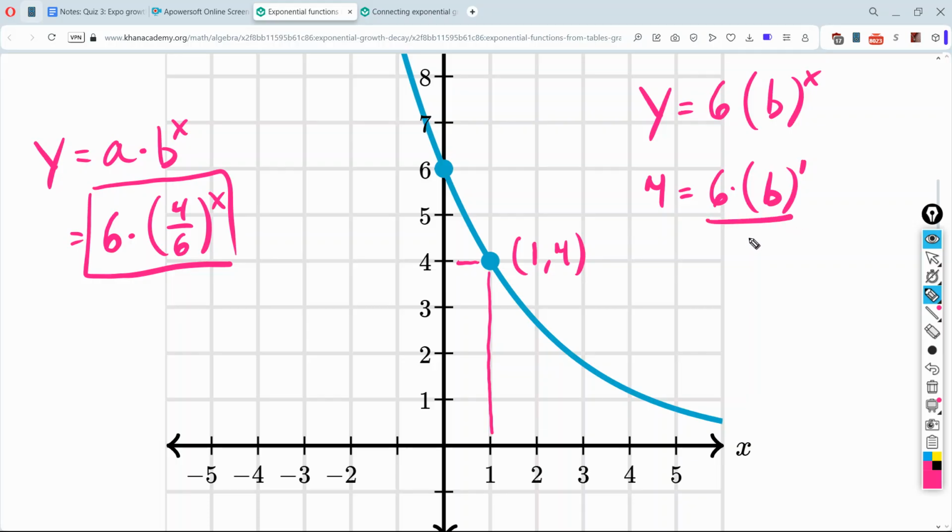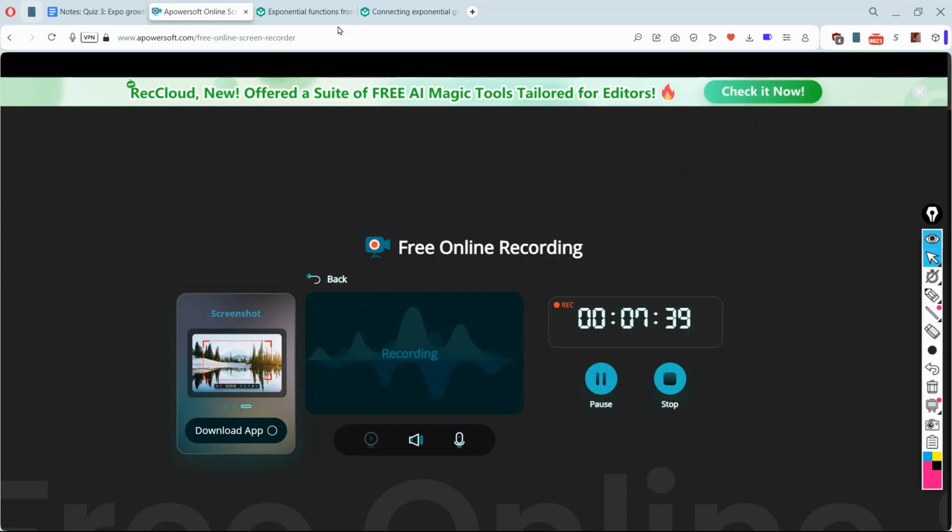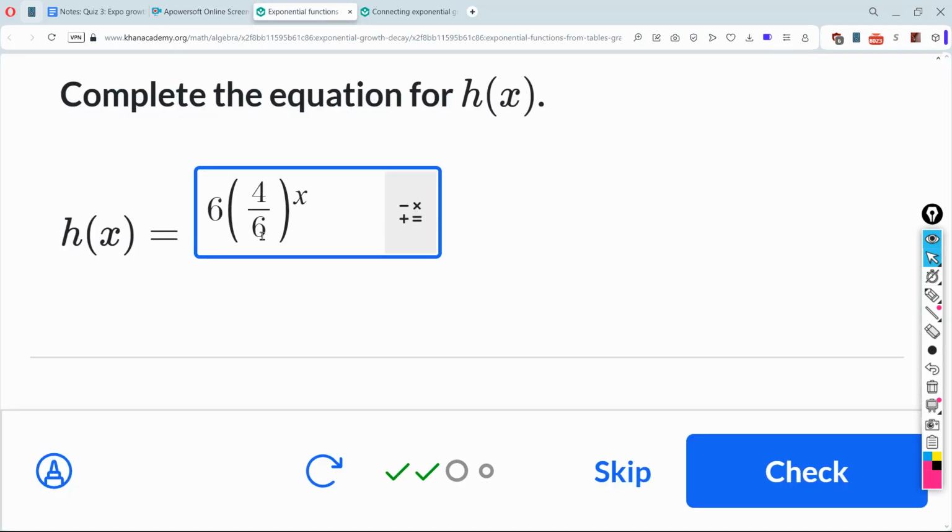Solving for b, the opposite of times 6 is divided by 6. 6's cancel, and b to the first power is just b. So b is just 4 over 6. Okay, and that's what we said already. So that's your answer right there. All right, 6 times 4 over 6 to the power of x.